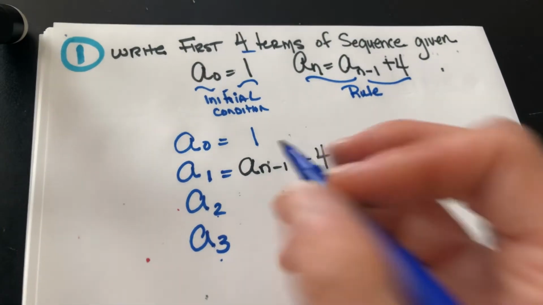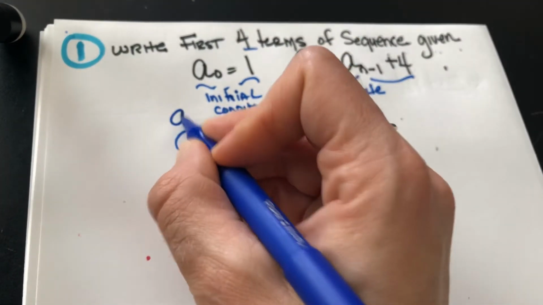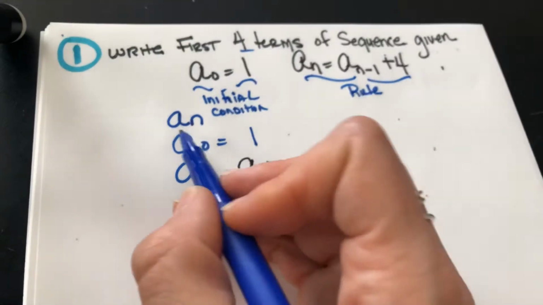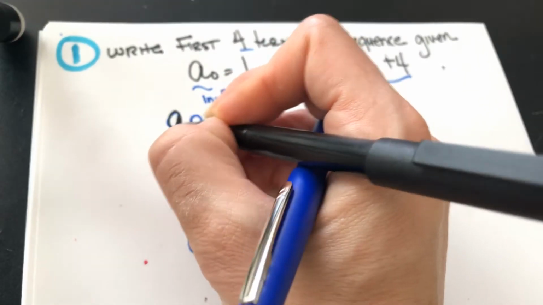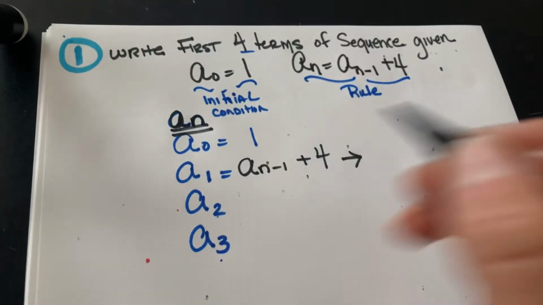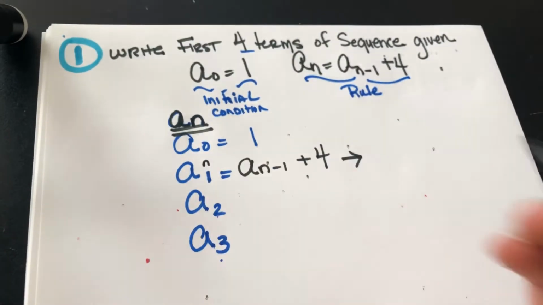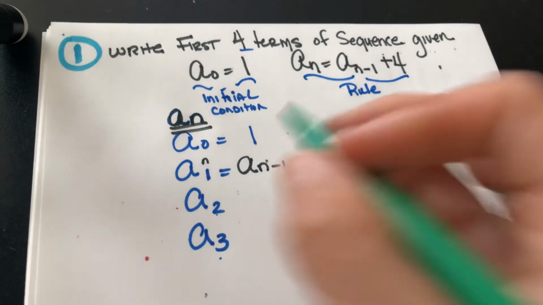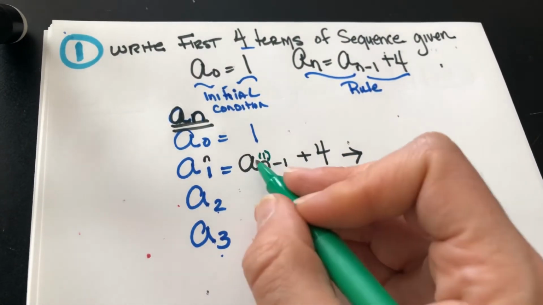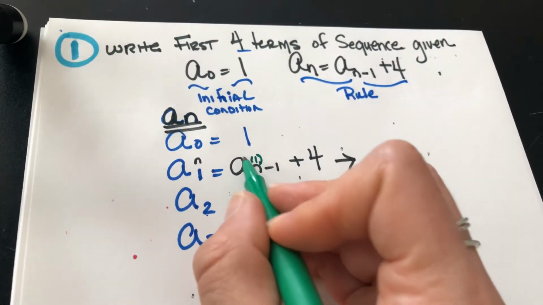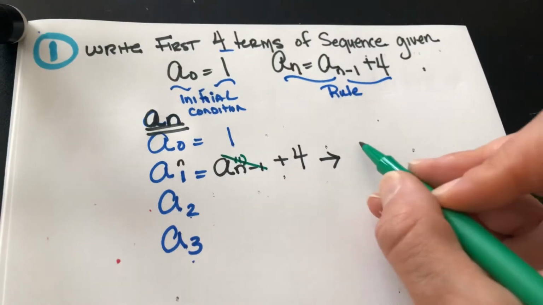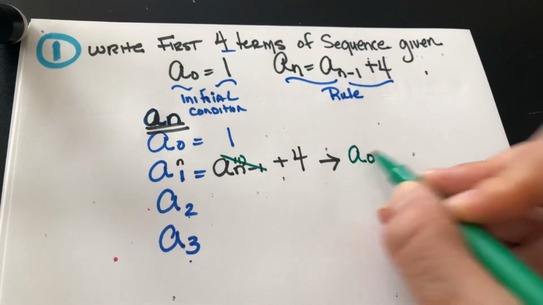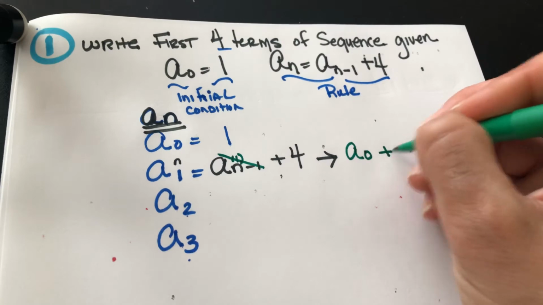Okay, so what this means, again, if this is a sub n, actually I probably should have written that here. That's a sub n. So that means, again, that 1 is n. So think about this. If I substitute 1 here, 1 minus 1 really means, hey, you guys, I want a of 0's term. And then I want you to add 4.